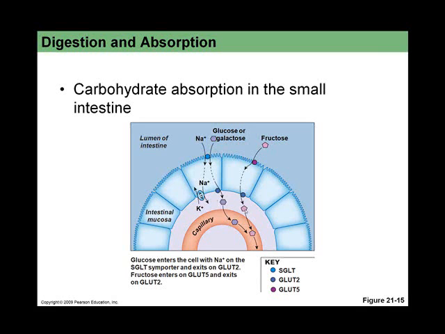So all three are being transported by the GLUT2 at the basolateral membrane. So again, it's the selective localization of these to their particular subcellular compartments that's really important.